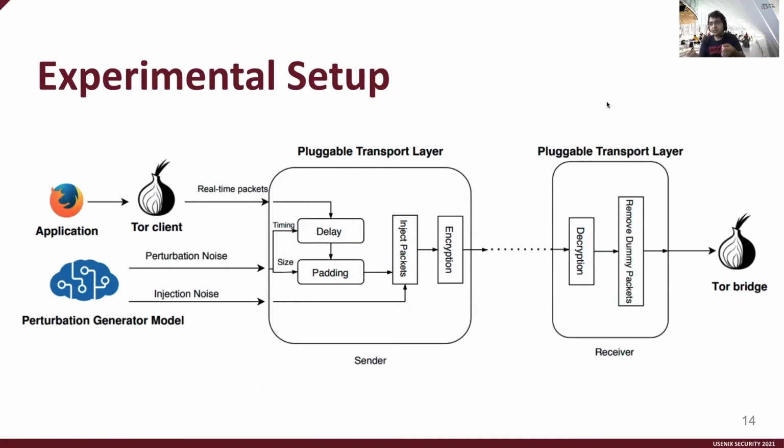Now in this pluggable transport, we will change the timings and sizes of the packets and add dummy packets to the traffic based on the output of the previous section to fool the traffic analysis systems, and encrypt the whole thing and send it. And at the Tor bridge, we decrypt the packets, remove all of the modifications that we added, and send them to the Tor network. So this is the general setup.